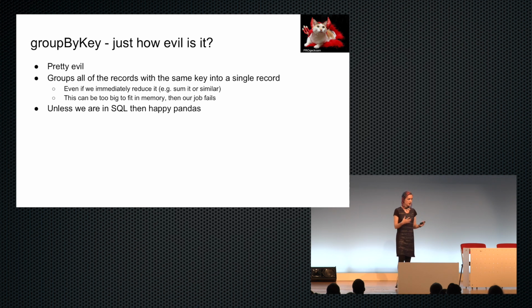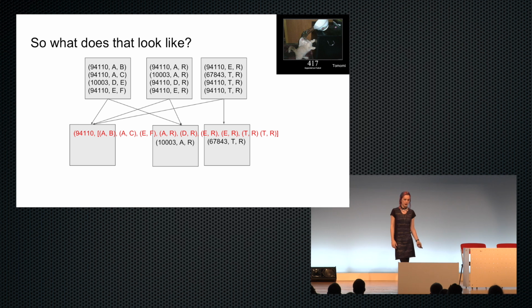If we're in SQL, everything's OK. When you group your data together in SQL, it actually delays the computation and waits to see what you're doing. But in regular Spark on RDDs, when you group your data together with groupByKey, it doesn't have that ability to see what you're doing next. So it ends up looking like this, and it's very sad. And our cat gets quite wet.